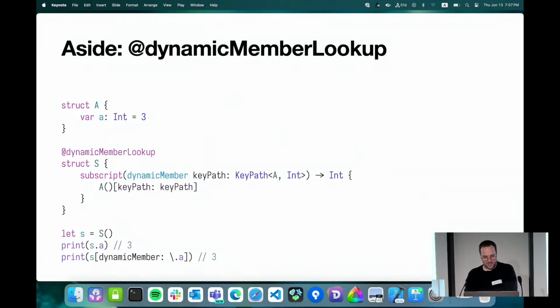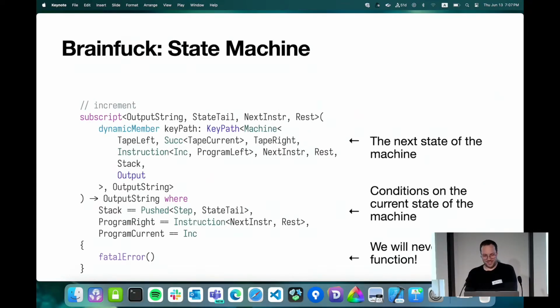And that's why there were 18 of these subscripts, because there is one for each transition in the Brainfuck state machine.